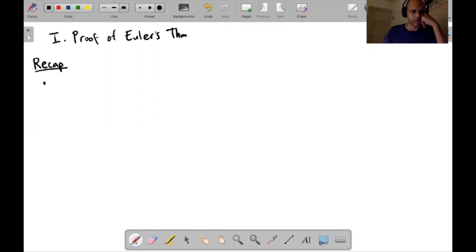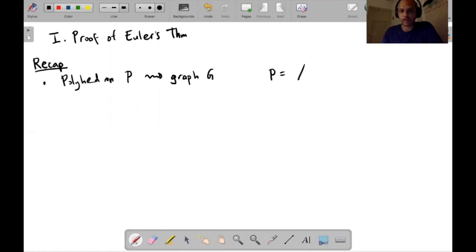Some things that we discussed last time. Associated to a polyhedron P, we can get a graph G just by considering the vertices and edges of the polyhedron.